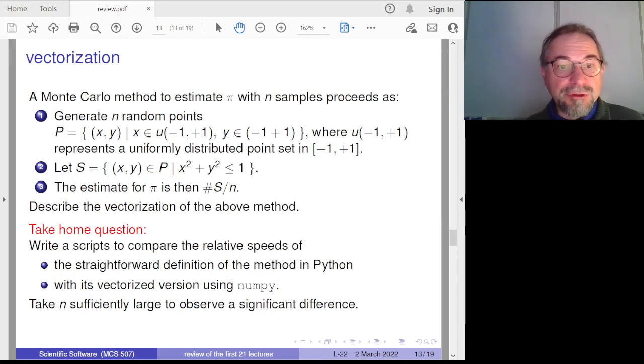The take-home version, you have to demonstrate essentially that the vectorized version of this program is a lot better than the straightforward definition of the method in Python. List comprehensions might be a little bit better, but they are still lists in Python. The main difference between vectors and lists is that in a vector, all the elements are of the same type.